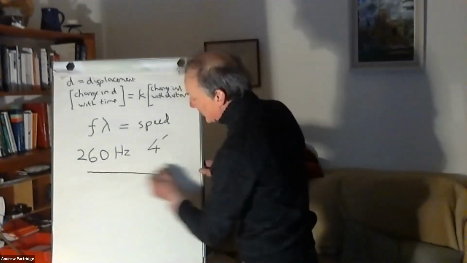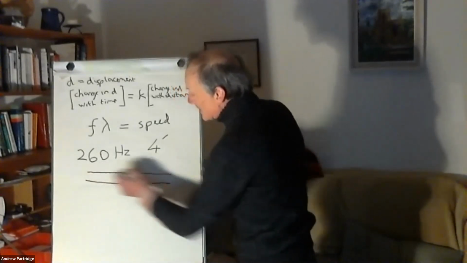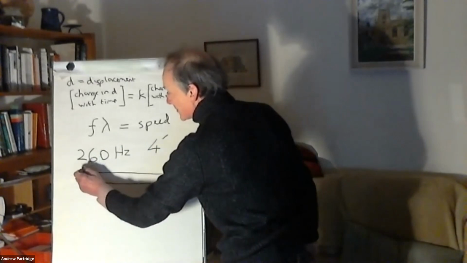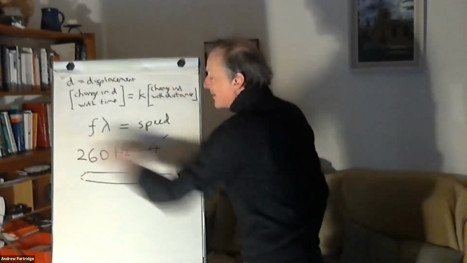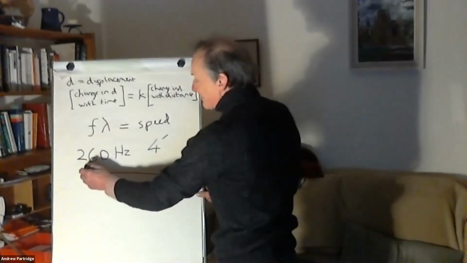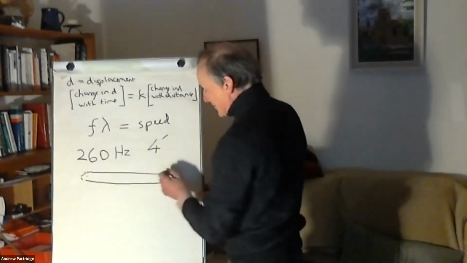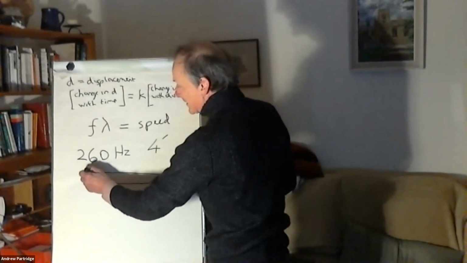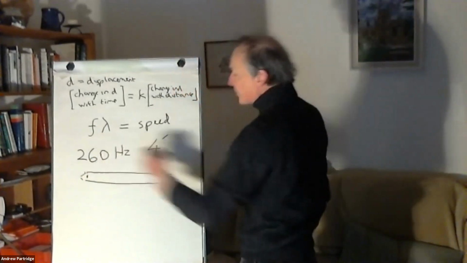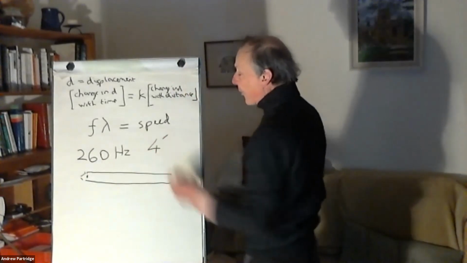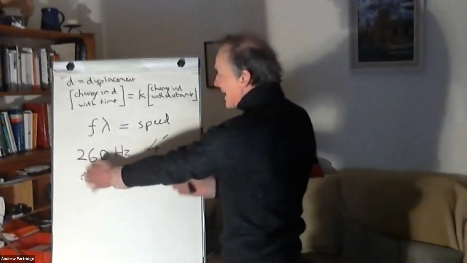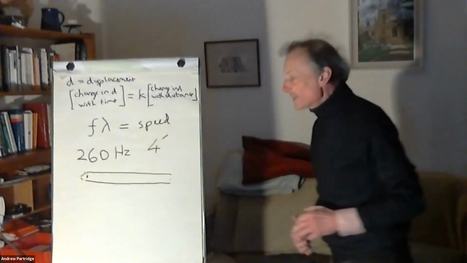So if you've got an organ pipe, say, the waves that are created by the pressure of air being blown into it rattle up and down inside, and the wave that goes from here to there and then bounces back, and by the time it comes back here again has done one complete wavelength, say 4 foot's worth, is the wave that you get out of a box like this.